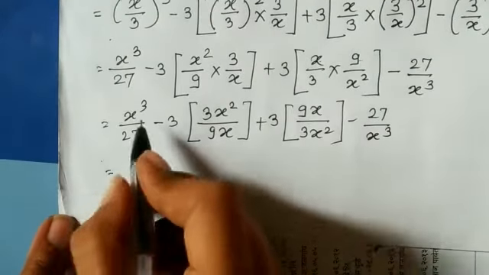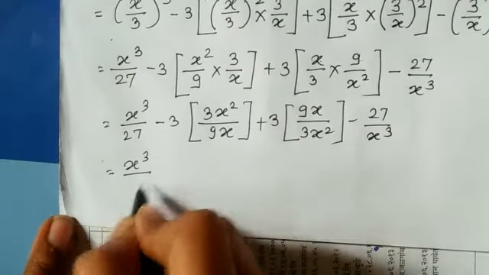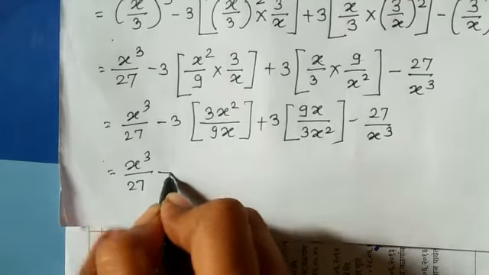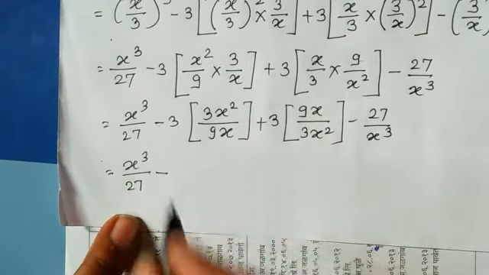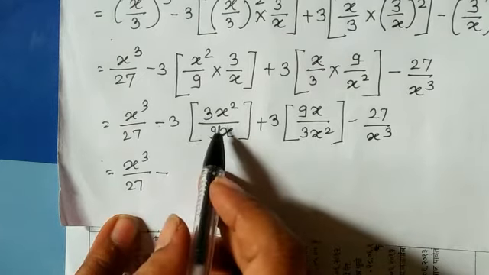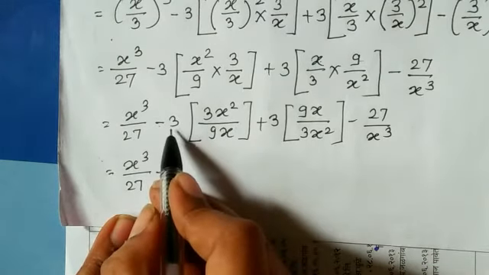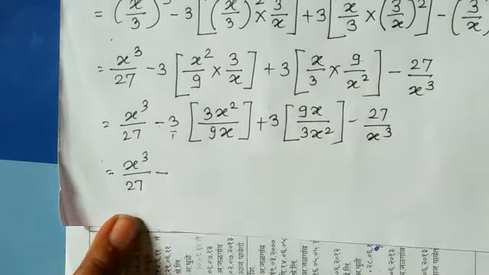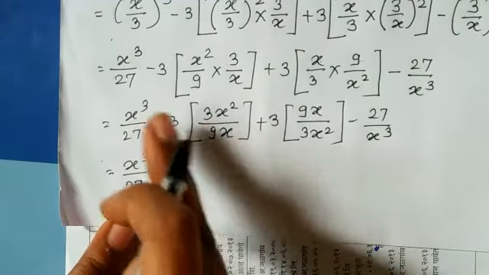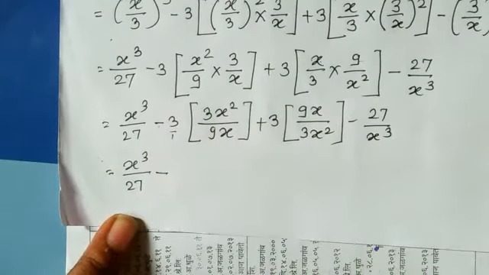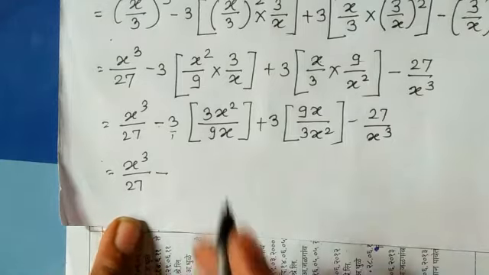Now let's solve it. x raised to 3 upon 27 will be as it is, then the symbol of minus. Now this 3 is going to multiply this term. Again, 3 does not have a denominator, so assume it as 1 and multiply the numerator with the numerator and the denominator with the denominator.